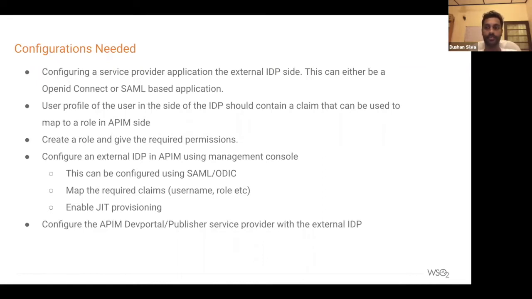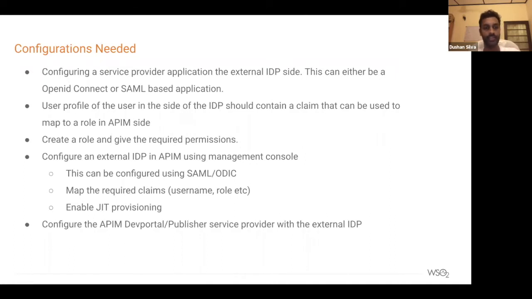This can be an OpenID Connect-based application or a SAML-based application. This is a common method used by popular identity providers such as OKTA and Keycloak. For example, in OKTA, you can create an OpenID or SAML-based application.